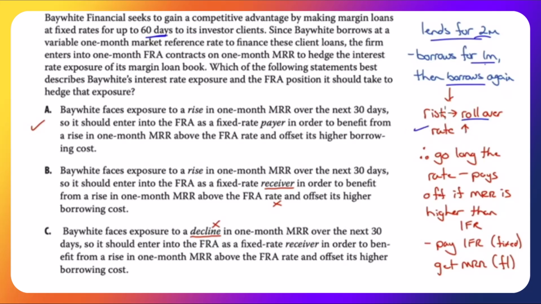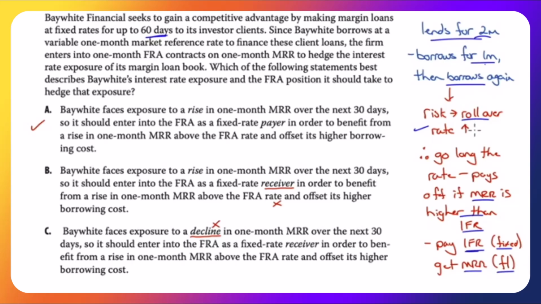Well, if the rate goes up, it's going to cost us money. So what we want to do is we want to profit if the rate goes up, so we go long. We will go long the rate. It pays off if the MRR is higher than the IFR. So we're going to pay the IFR, the implied forward rate, that is the fixed rate, and we're going to get the market reference rate, which is the floating rate. Why are we paying the fixed rate?